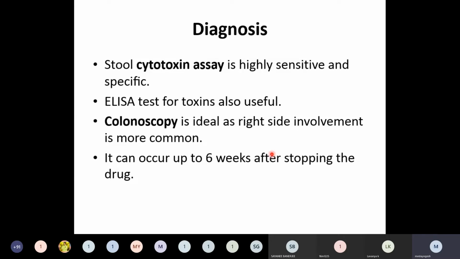So diagnosis-wise, the specific diagnosis is stool cytotoxin assay for Clostridium, and ELISA test for toxins is also useful. Then colonoscopy is the ideal investigation, as right side involvement is more common in this scenario. This pseudomembranous colitis can occur up to 6 weeks after stopping the medicine. Usually it is self-subsiding.